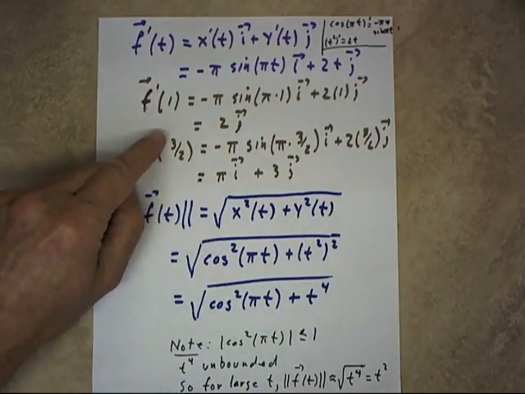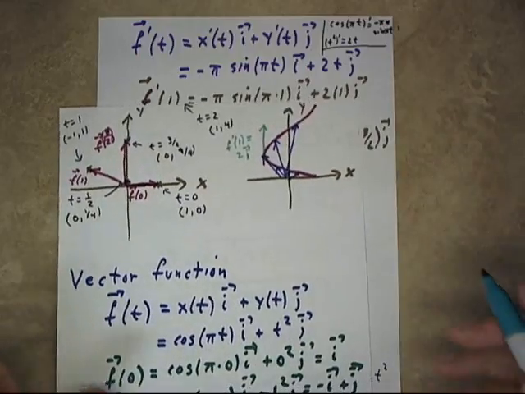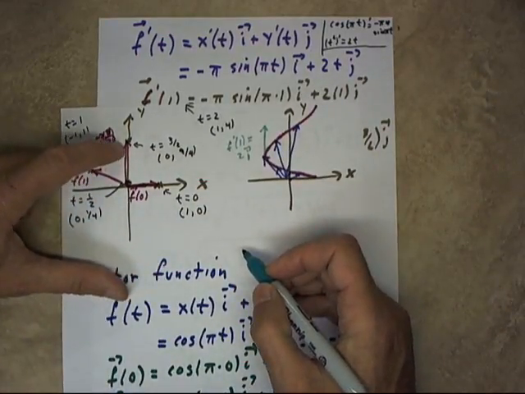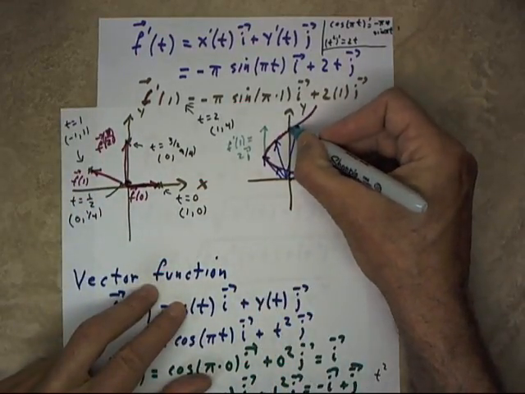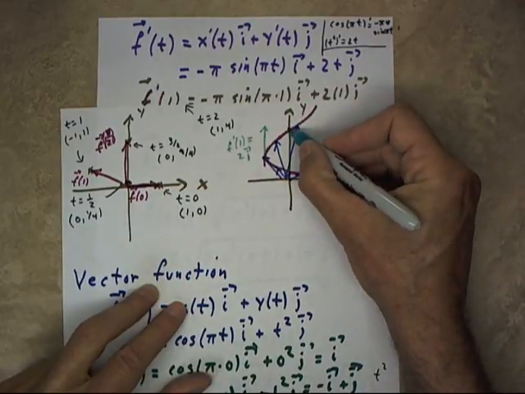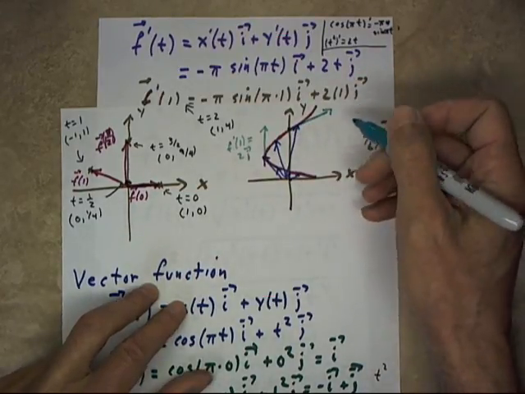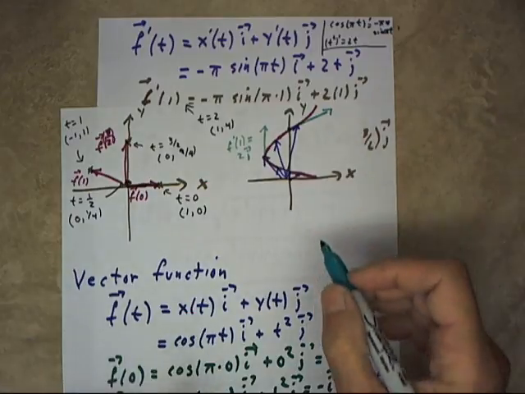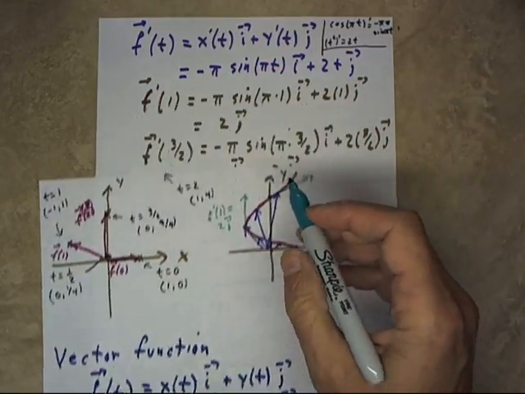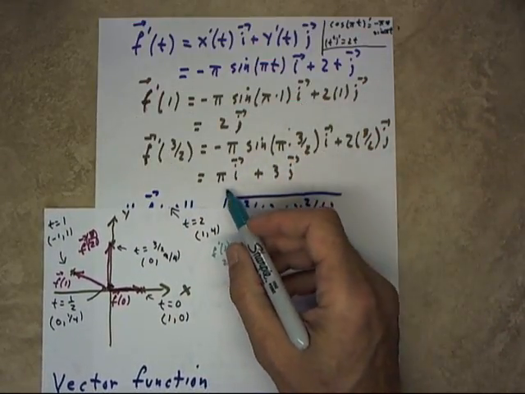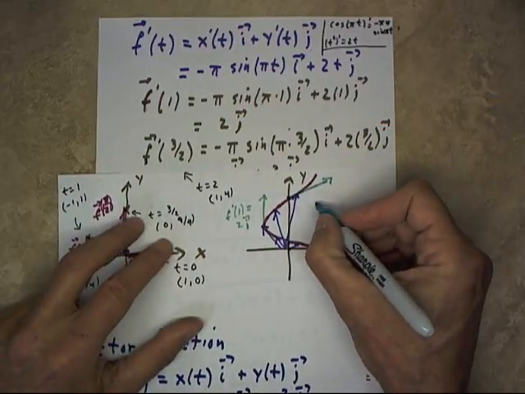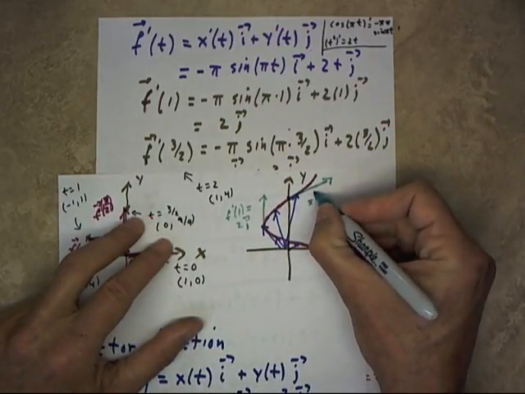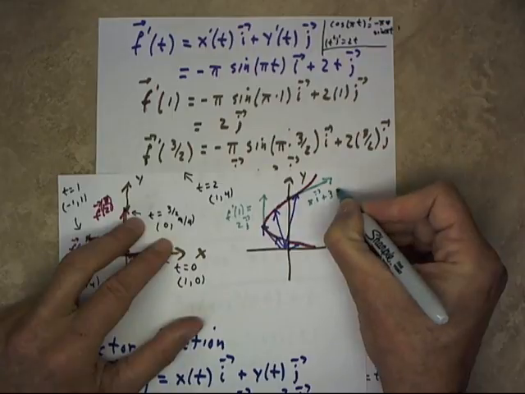When we get up to the point t equals 3/2, remember the point is here, so we're going to be at this point on our graph, and if we draw a vector in the direction of our motion, f prime of 3/2 is pi i plus 3j. So this vector might be pi i plus 3j.